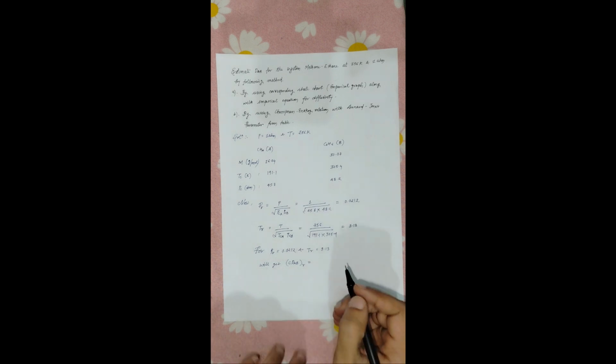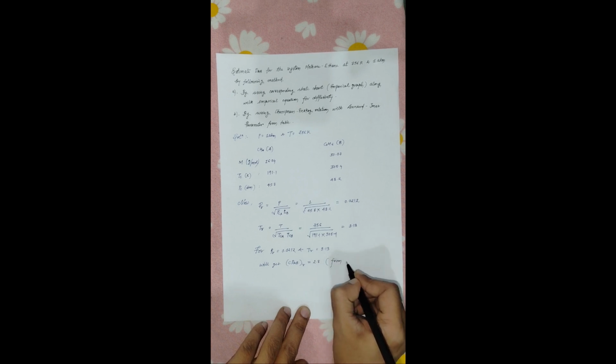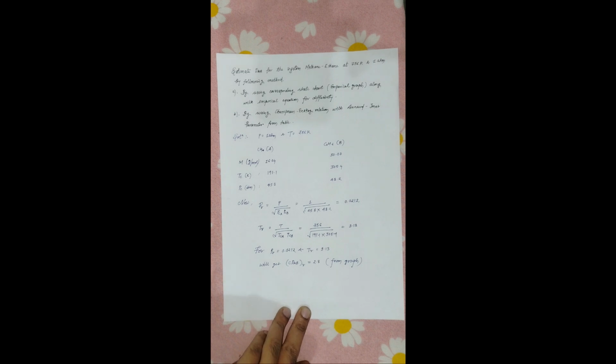So that value comes out to be 2.8 from the graph. So we have calculated this using the graph, and we have successfully calculated part A, and now we'll move to part B.